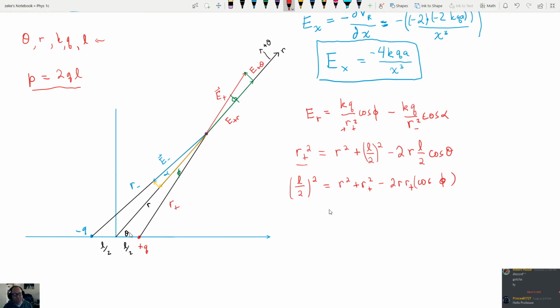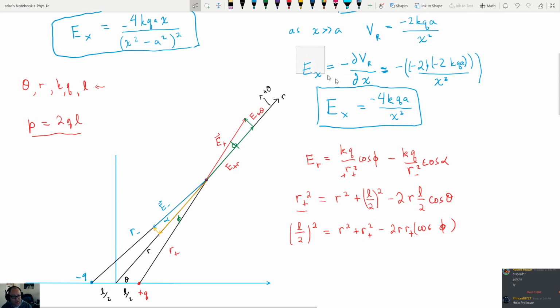Now, again, this is probably the harder way to do this. But you can do the version where instead of finding the electric fields here, you find the potential, and then you do basically what we did in the last problem right here.